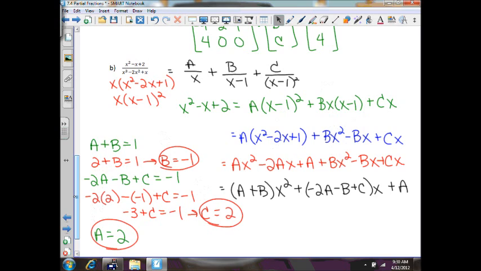So once we have that, A, B, and C in, we can actually write it into our partial fraction decomposition. So 2 over x plus a negative 1 over x minus 1 plus 2 over x minus 1 squared.